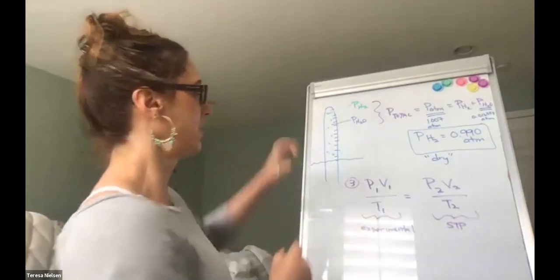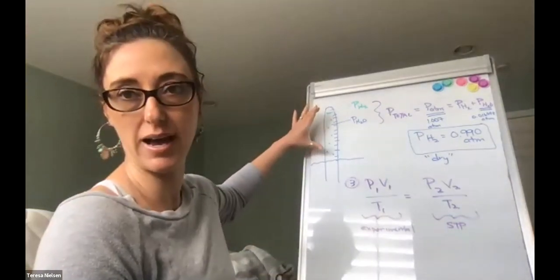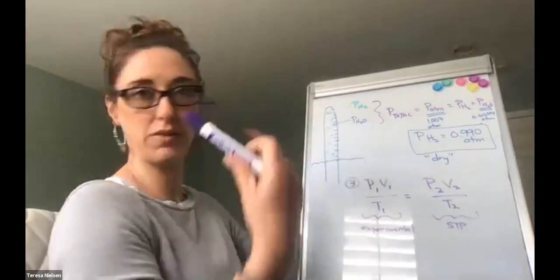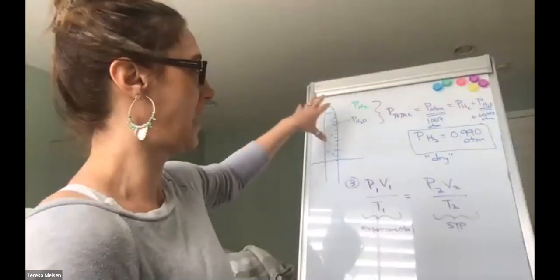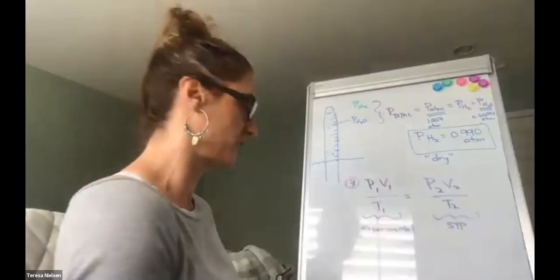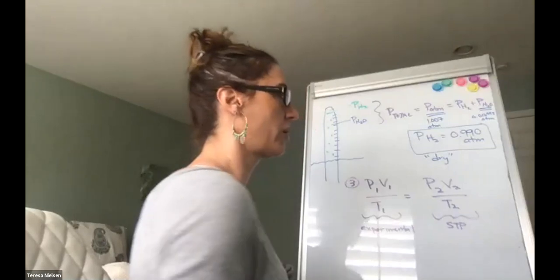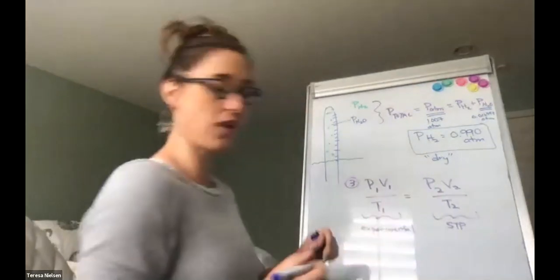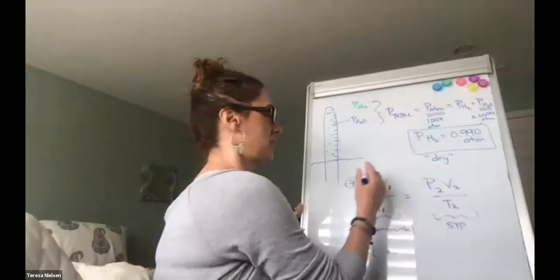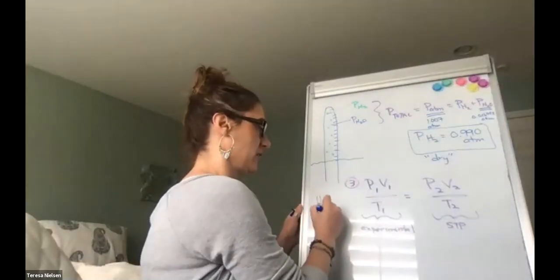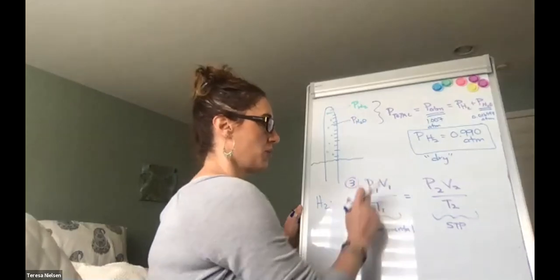So we're saying, we've collected this sample of hydrogen gas under these experimental conditions in our laboratory. What if we took that same sample and applied it to STP conditions? What would the volume be? We've got a pressure that we calculated was 0.990. We're talking only about the hydrogen gas, okay?